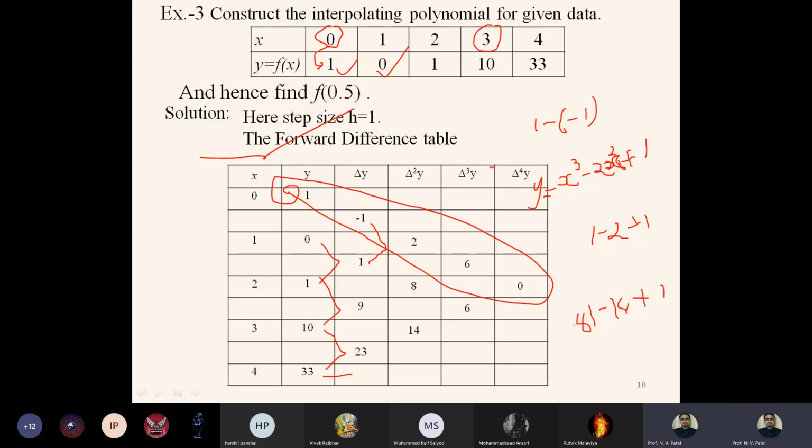Okay, so just here a mistake. 3 raised to 3 is 27, minus 2 into 3 square, that is 9 into 2, 18, plus 1. So when we take x is equal to 3, you can verify your answer. So 27 minus 18 plus 1, that is 10. So here also it is 10. Hence this polynomial, this answer is verified.